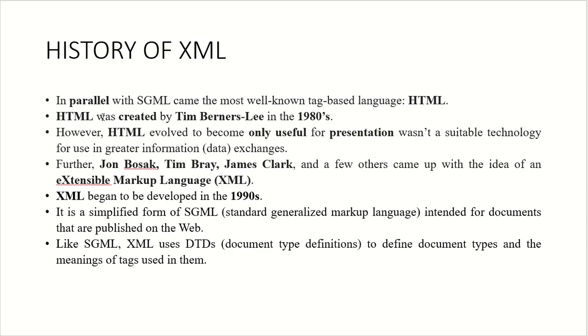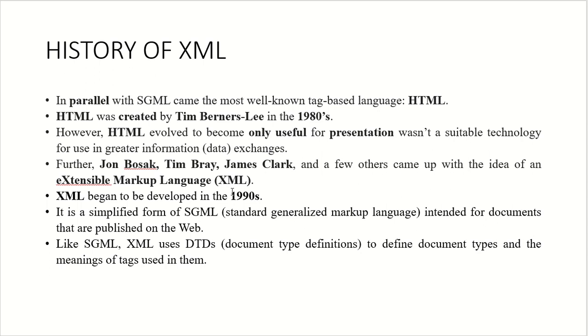Parallel with SGML, HTML was discovered by Tim Berners-Lee in the 1980s. However, HTML was only useful for presentation and it was not a suitable technology for greater information data exchanges. बहुत ज़्यादा डेटा होता है उसको exchange करने के लिए that was not a suitable technology.